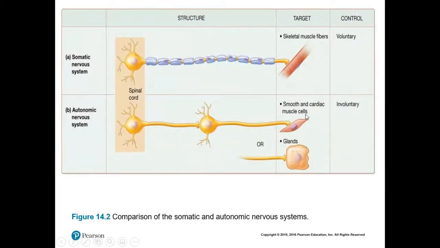In terms of the neurons of autonomic structures, we've talked about the somatic nervous system already. These are neurons that control skeletal muscle. Notice how long they are. They have long axons that are myelinated, and they need to be myelinated because of the length of their axons.